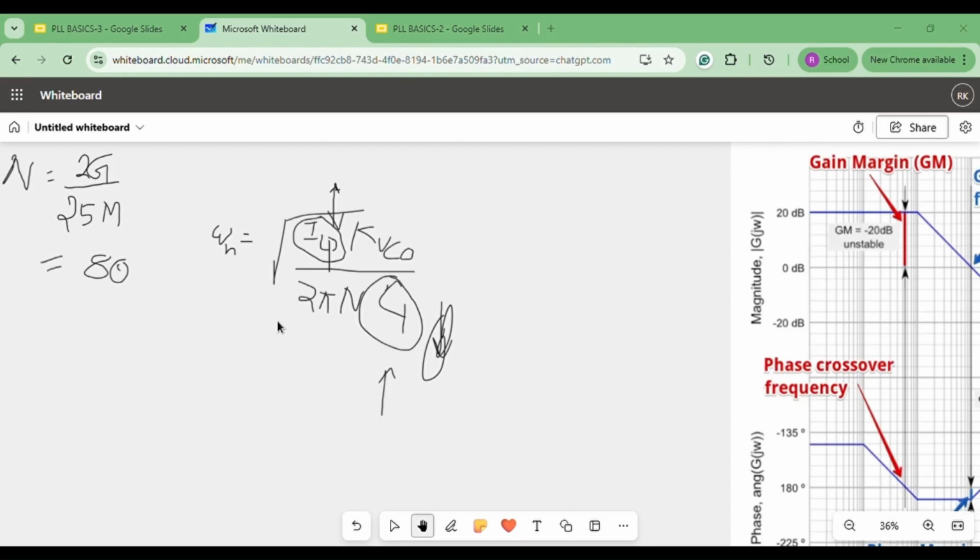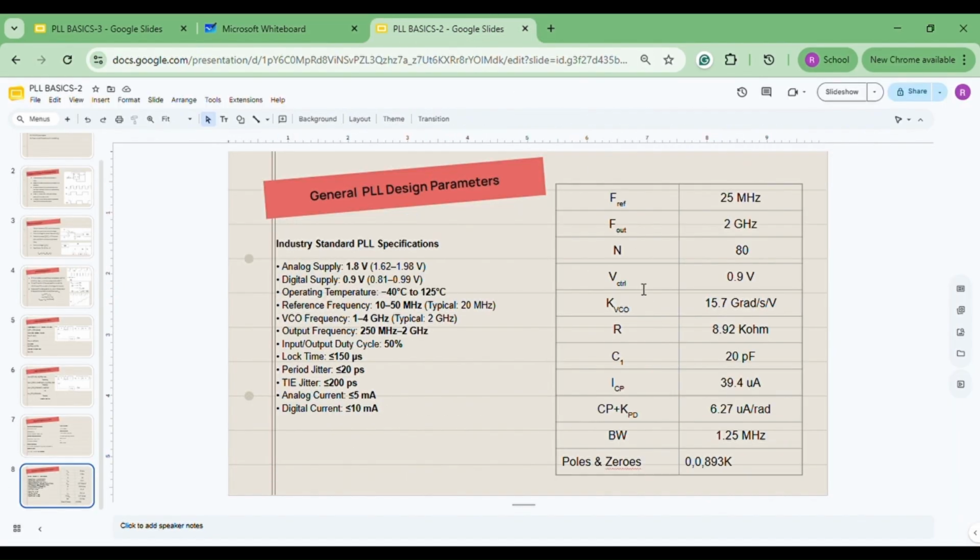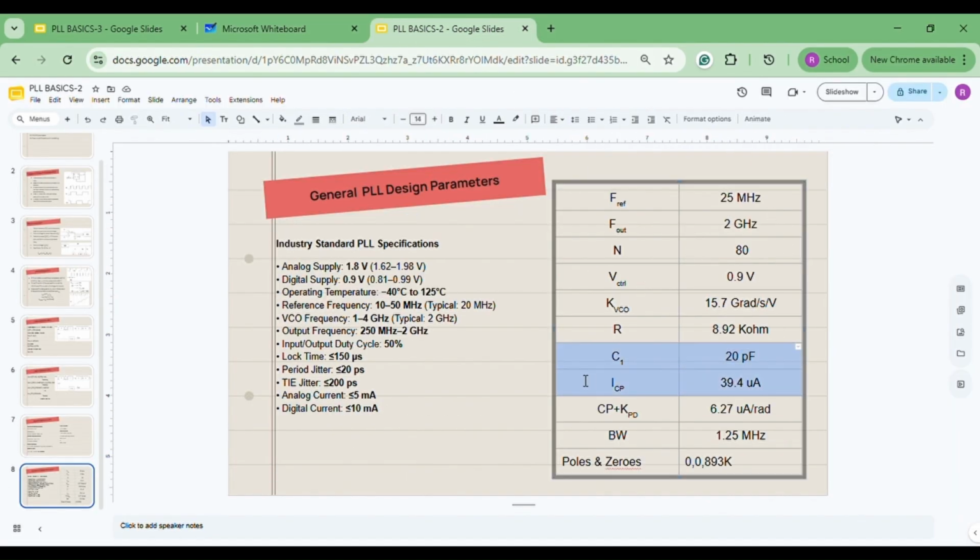The cap value I used is 35, but in our hand calculation we got 20, from the table. So I increased the cap value from 20 to 35. And the ICP we were getting was 39.4; I have reduced it to somewhere around 26 in our design. By tweaking these two values, we were able to get our bandwidth near 1.25 megahertz.